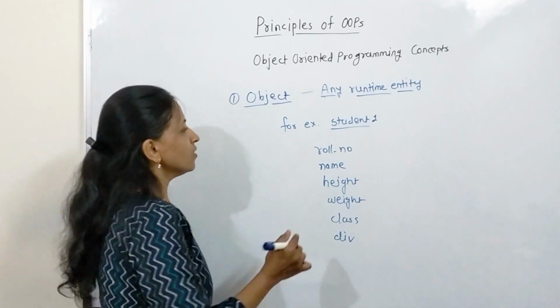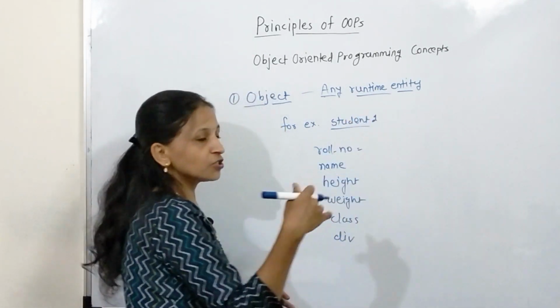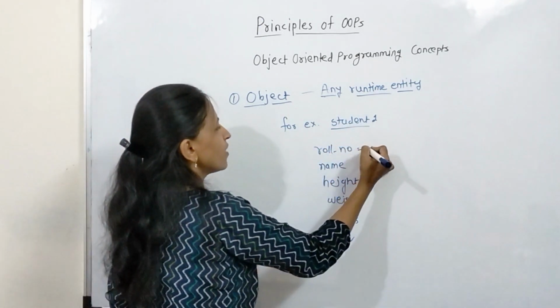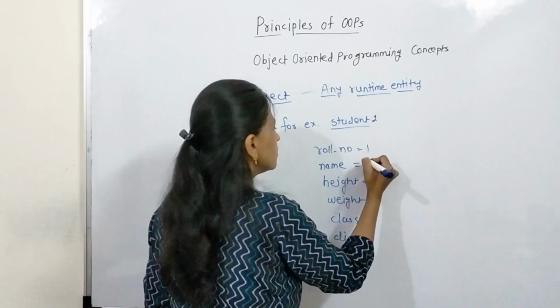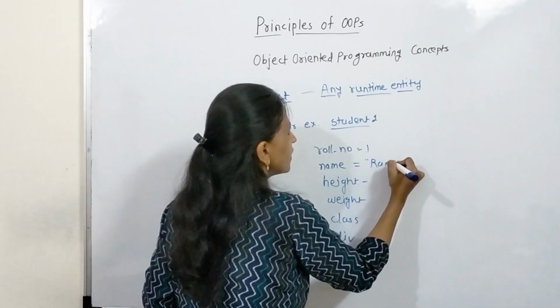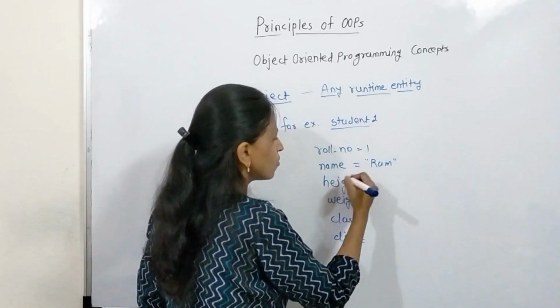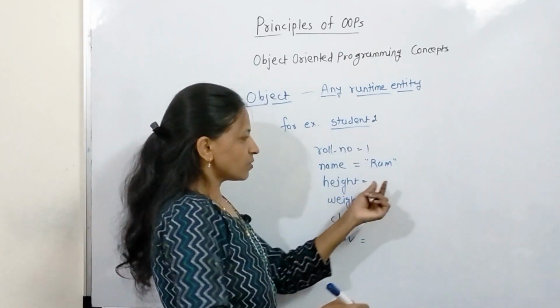Now see, let a particular student you are considering be student 1. Then it has roll number 1, then name Ram, then height, weight, class, and division, all having some values.